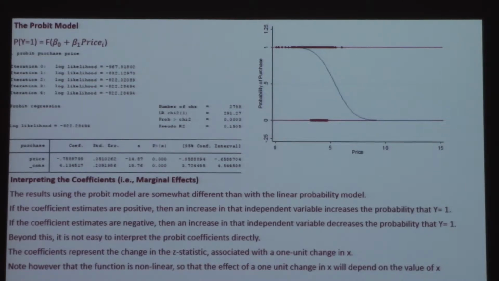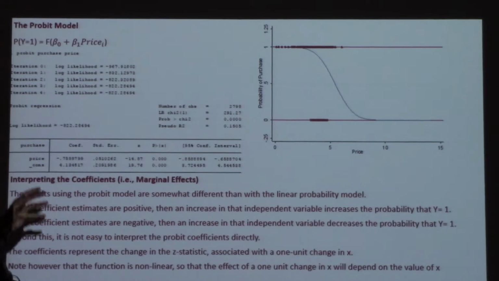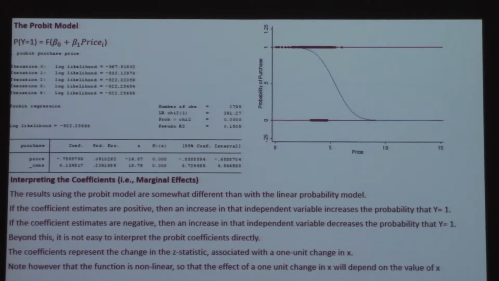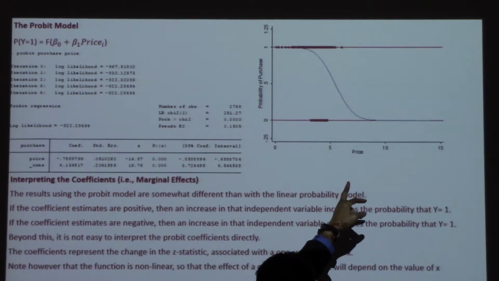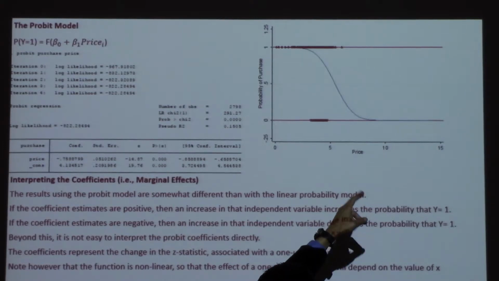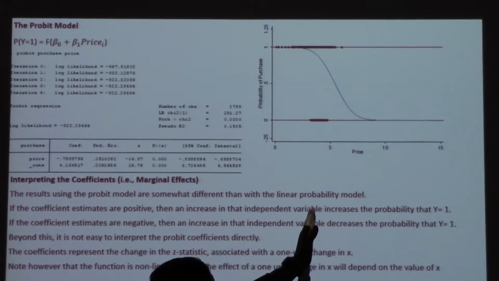It's nonlinear. Remember, in the linear model the effect of price is constant on a straight line. The slope is constant. So not only are these the change in the z-statistic associated with probability of purchasing, that slope, or those marginal effects, are going to change throughout the range of our prices. As we can see, at prices above, what would you say, $7 or $8, the slope's close to 0.